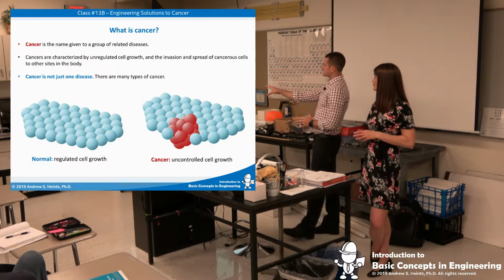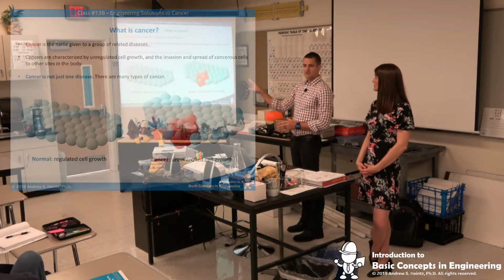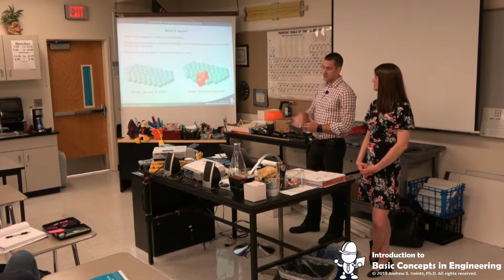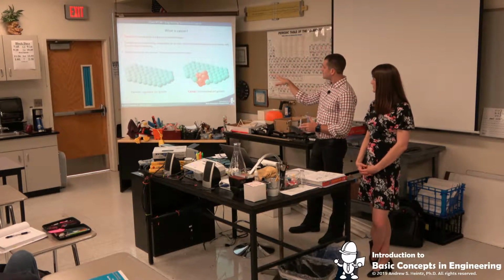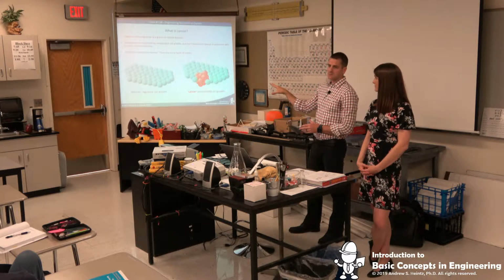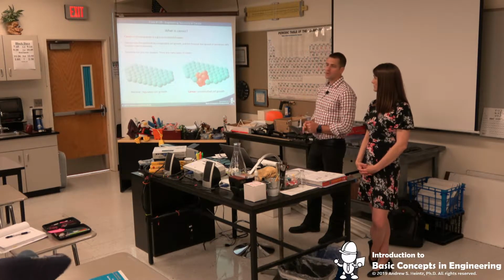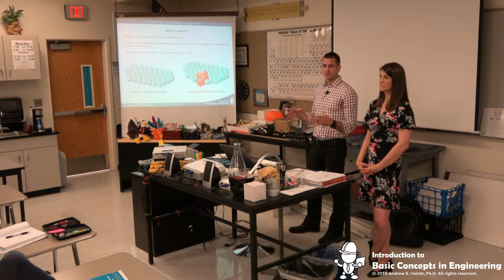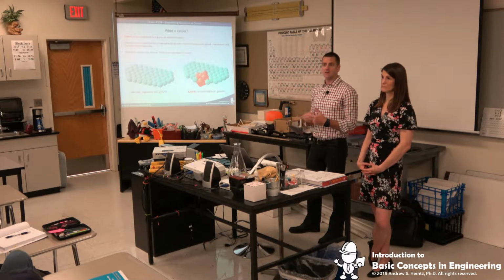So just to be clear, look at our picture here. These are cells, so these are cell walls. I realize it's not going to be completely flat, but in the normal pattern, you're going to have regulated cell growth. Cells are going to stop growing when there are too many of them. They're not going to overpopulate. They're going to have some sort of balance where if one dies, another one will replace it.